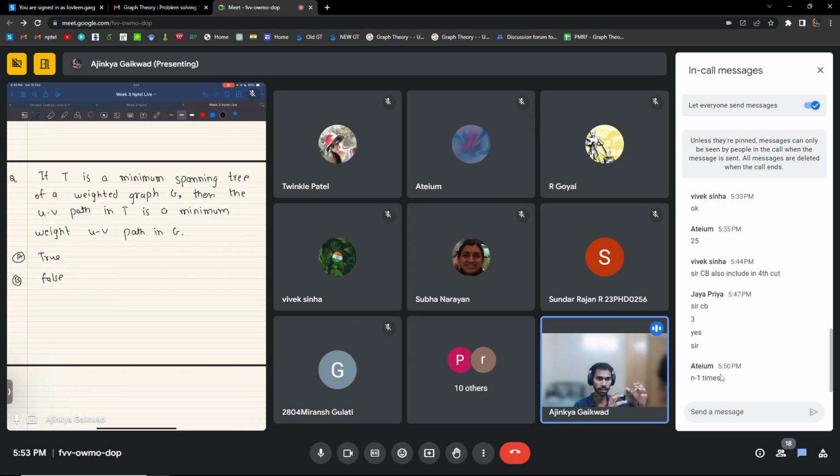Now, you constructed a minimum spanning tree. So you have only used n minus 1 edges from the graph G, and now you have a minimum spanning tree which is a subgraph of G. Now in this new spanning tree, you also have a path UV because a tree is a connected graph, so any two vertices are connected. So there is a UV path.